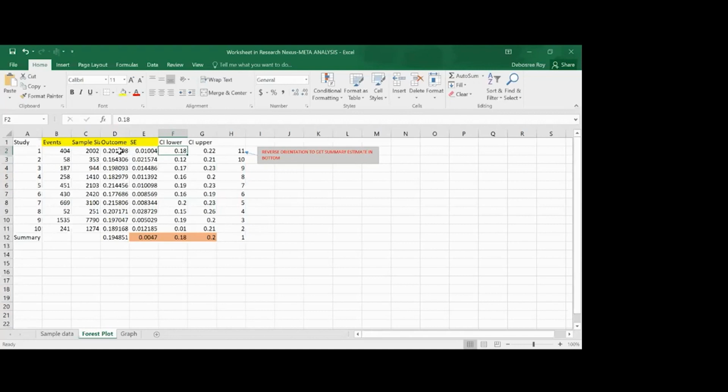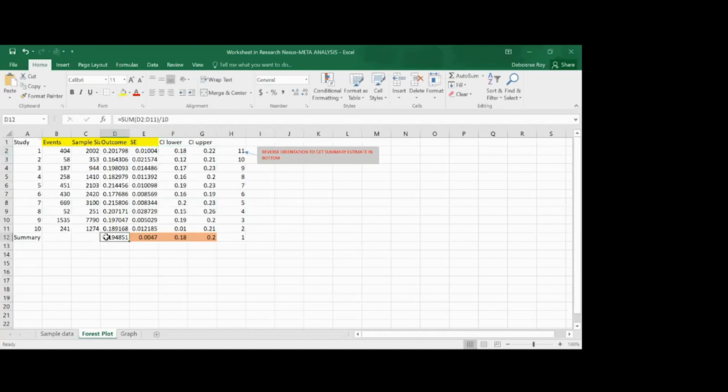Now you just put the outcome and the standard error. I have copied the confidence interval. So basically the authors of that paper copied the confidence interval of their study estimates from the publications themselves, but you can compute it yourself.